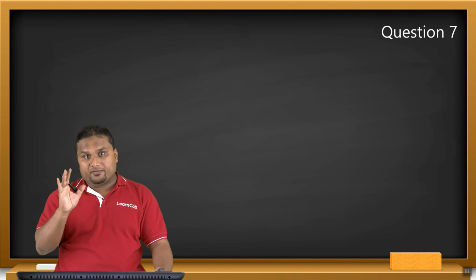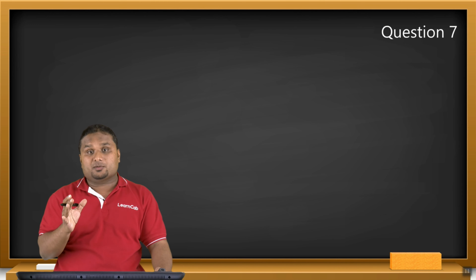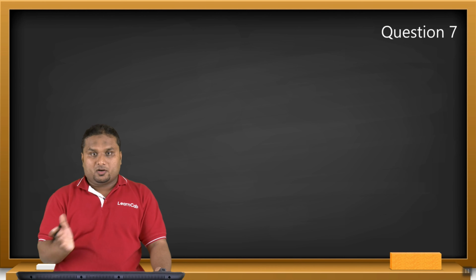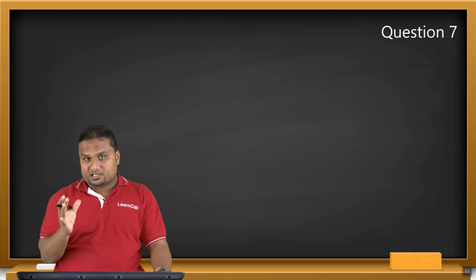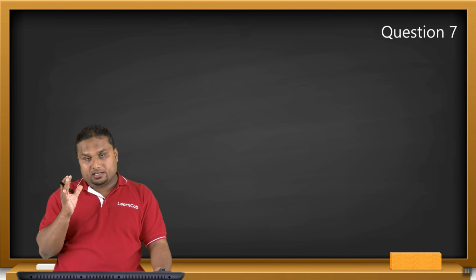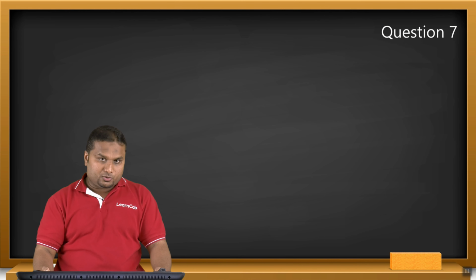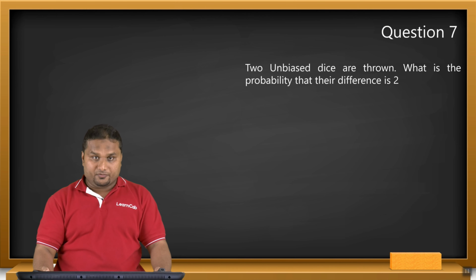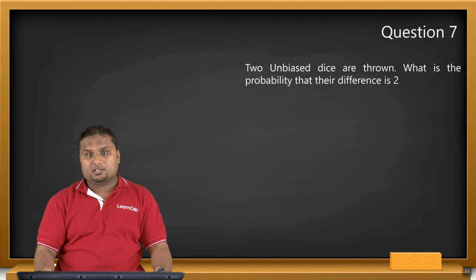In question number 7, I am going to discuss the concept of difference. Here in the early question we have discussed the sum, then I have discussed the division. Now what I'm going to discuss, the difference. Two unbiased dice are thrown. What is the probability that their difference is 2?